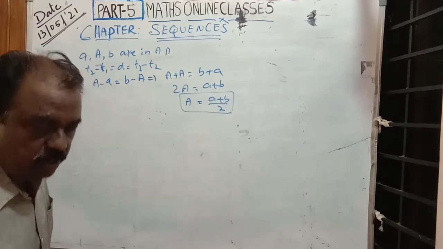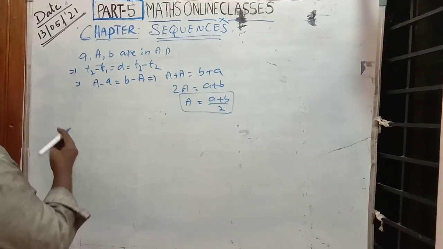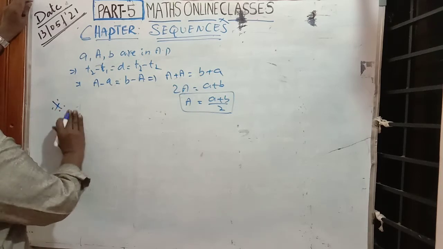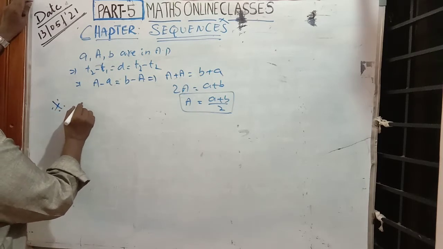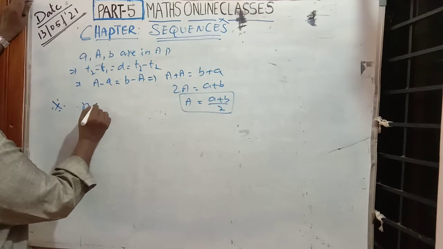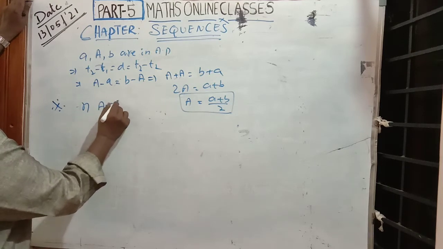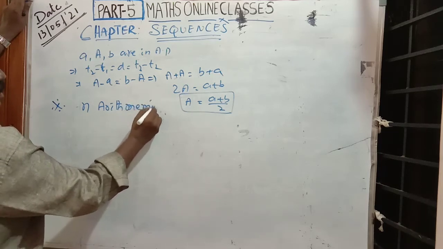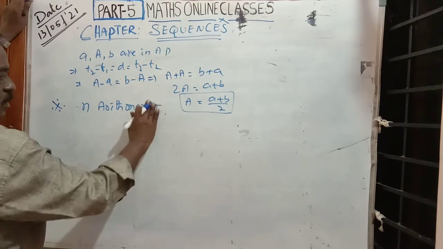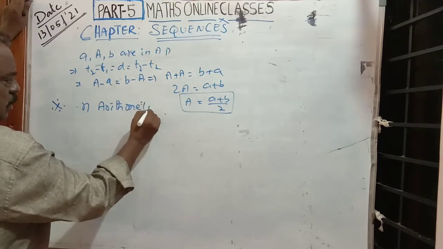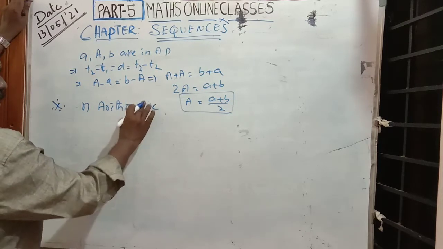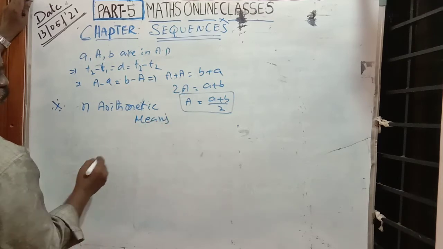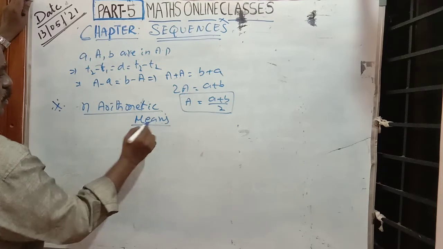Here one more concept is there, an important one. You observe: n arithmetic means. Now there are n arithmetic means.